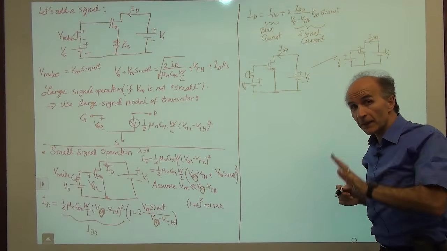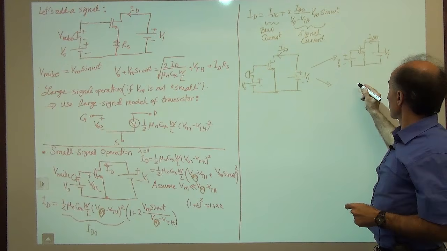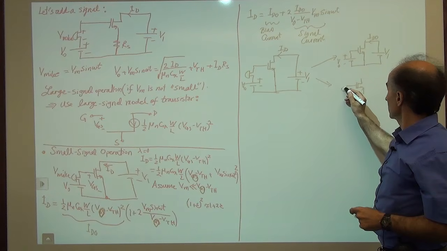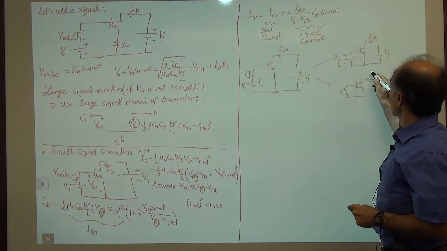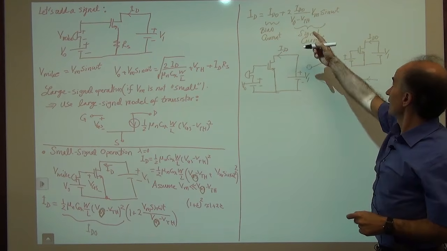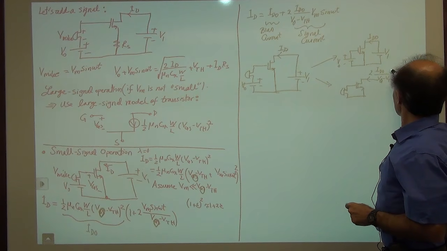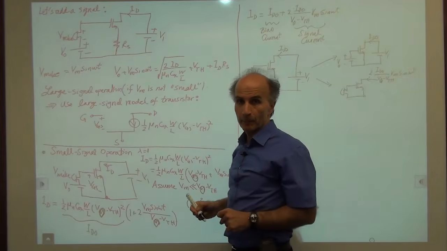And then on top of this, superimposed on this, I have another circuit, which is like this. It's taking the microphone signal and generating a certain amount of current, which is all of that stuff there. 2ID0 over V0 minus VTH times Vm sine of omega t.